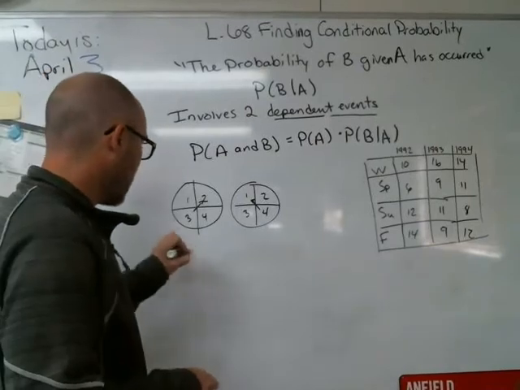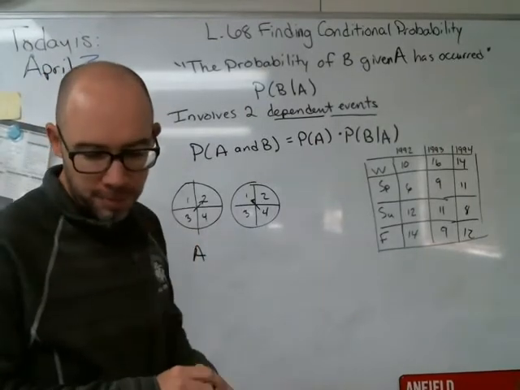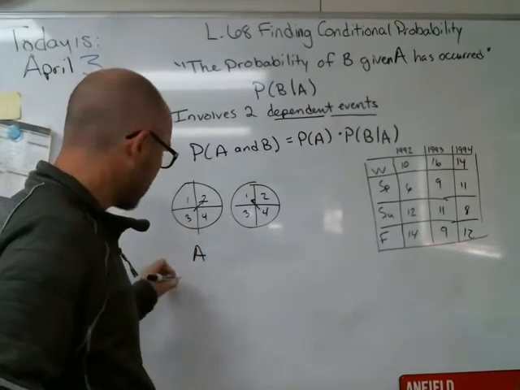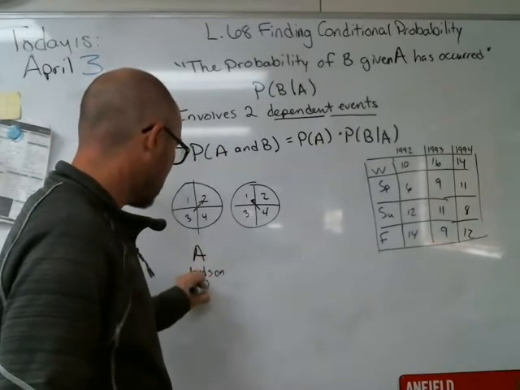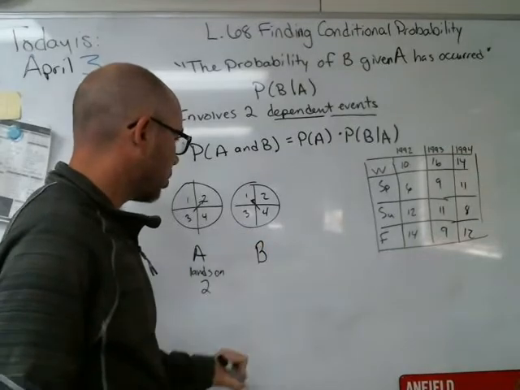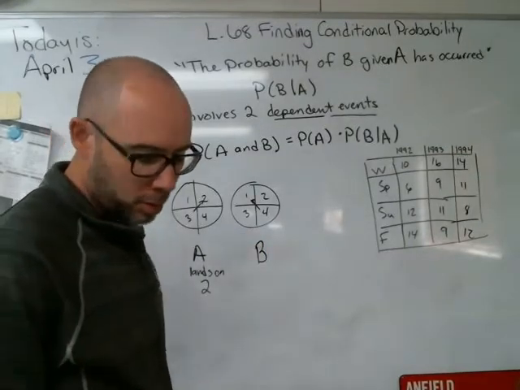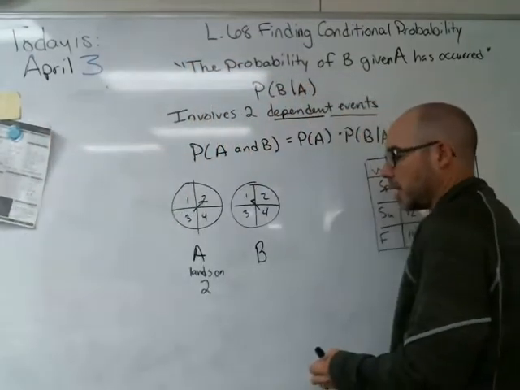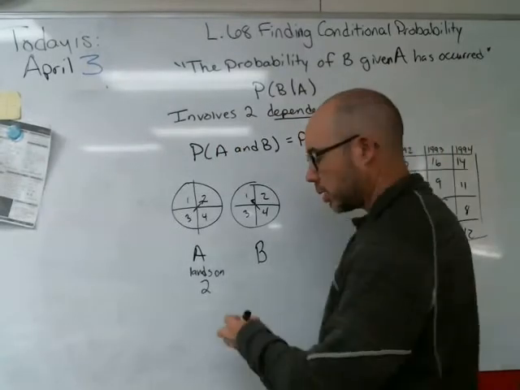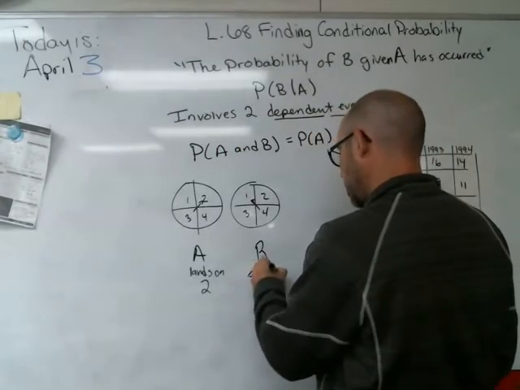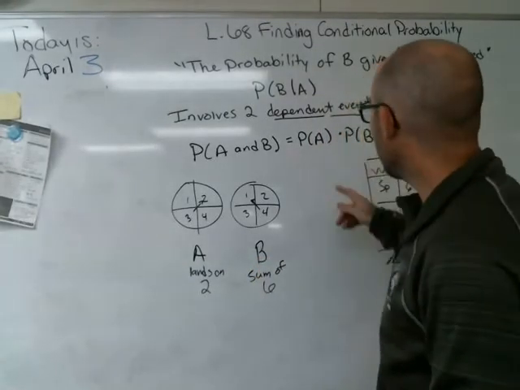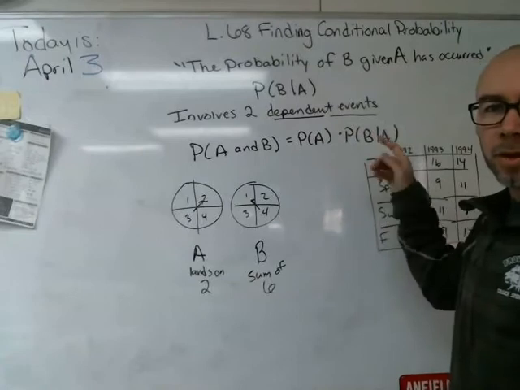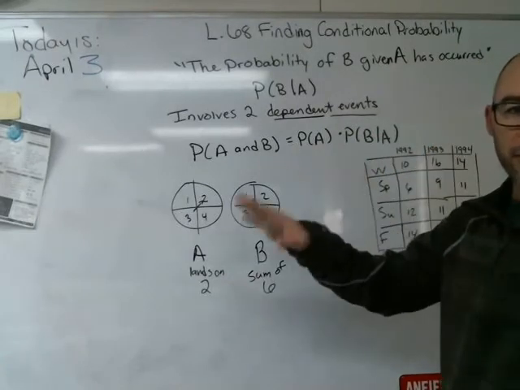Okay, we'll have here event A, and that is lands on 2. And then we'll have event B, which is sum of 6. And we're going to follow this rule right here to calculate the probability of this situation here.